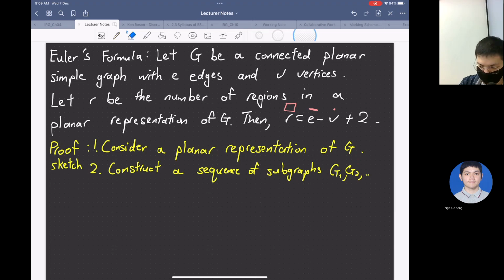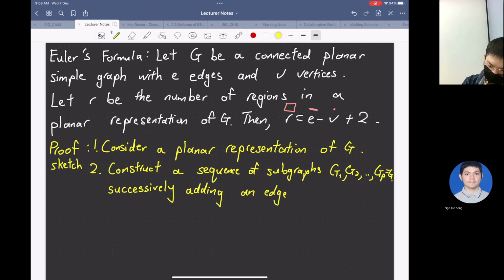So how do you create these subgraphs? In each step you add an extra edge. How do you start?